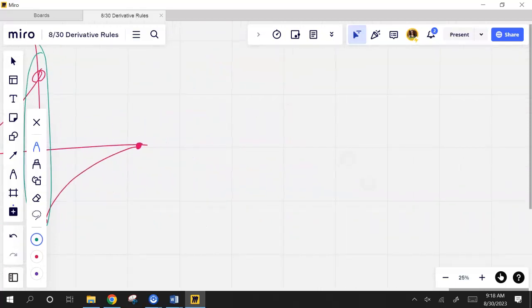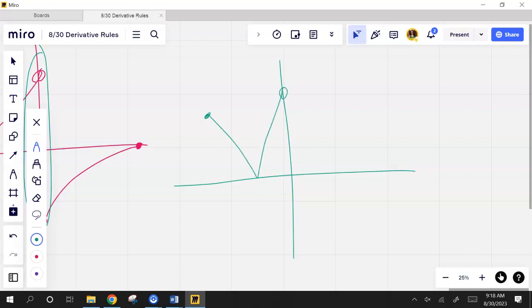Okay, so 8's kind of the same thing, right? Where are my discontinuities happening? x equals 0 is a discontinuity, which means it's not differentiable there, right? Because it's a discontinuity.